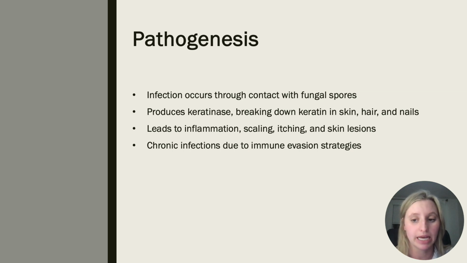The infection begins when the fungal spores come into contact with the skin, hair, or nails. These spores attach to the stratum corneum, the outermost layer of the skin, and start to grow. This fungus produces keratinase, an enzyme that breaks down keratin, a protein found in the skin, nails, and hair. This allows the fungi to invade deeper into the tissue.